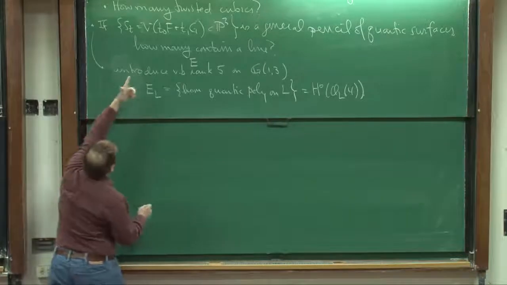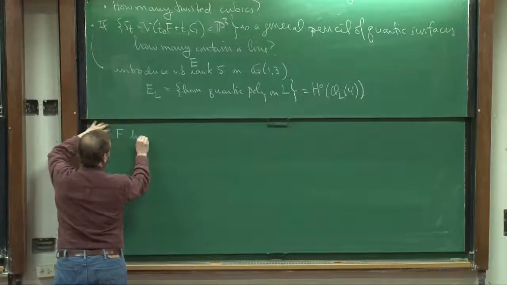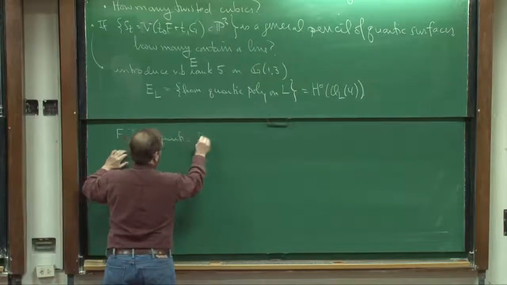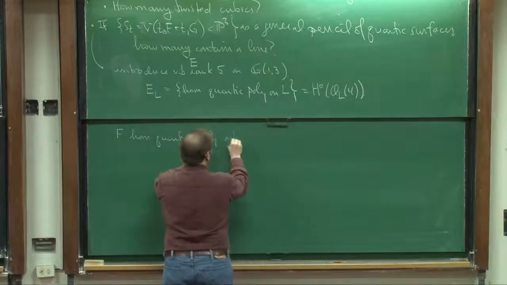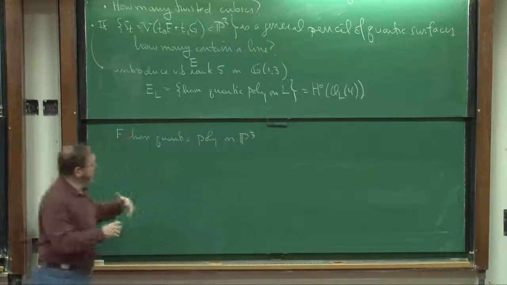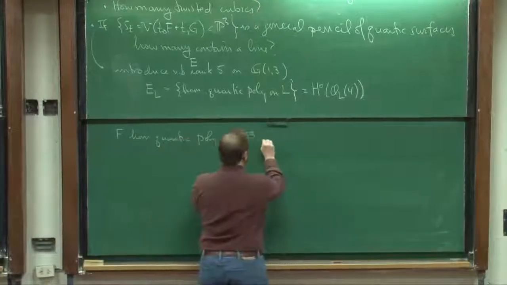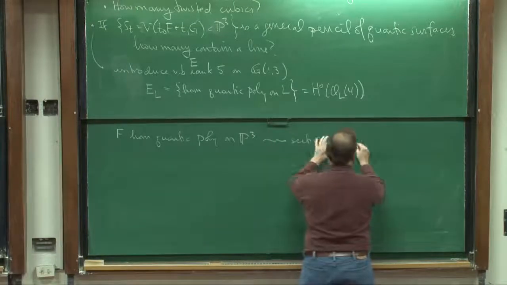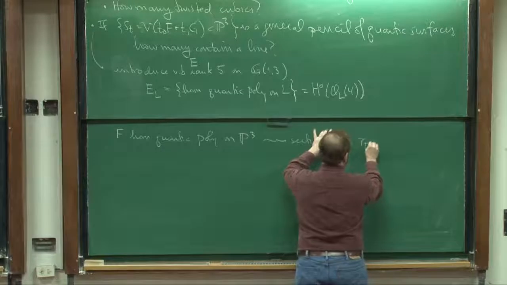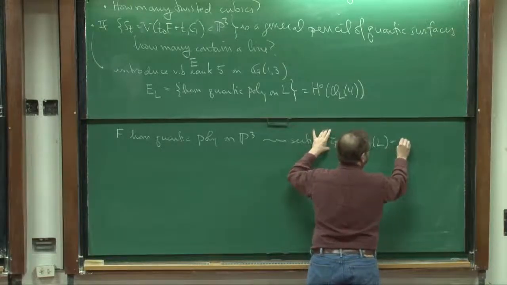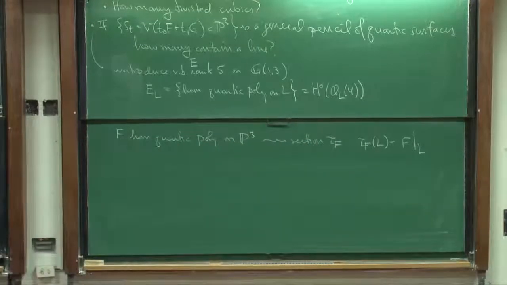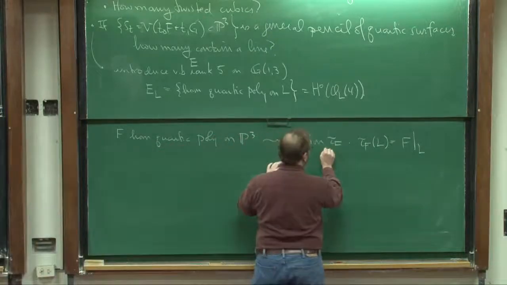The other thing is that if we have F, a homogeneous quartic polynomial on all of P3, a quartic polynomial in all 4 variables, we get a section of this vector bundle, which I'll call tau sub F. And that's defined by saying that its value at every point L is simply the restriction of F to L. So that gives me a global section of this vector bundle E. Okay? This is a section, I should say, of E.